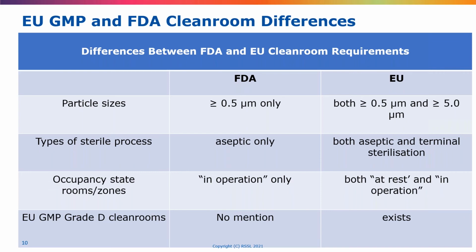We have the FDA document based on aseptic processing only, but Annex 1 covering both aseptic and terminal sterilization. The FDA document deals with in operation active clean rooms with equipment and people, whereas Annex 1 looks at rest and in operation, and of course the grade D concept, that there is no equivalent in the FDA document.